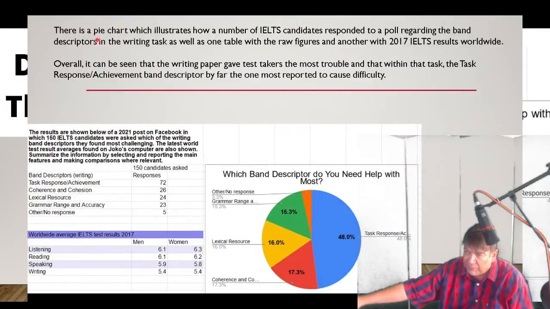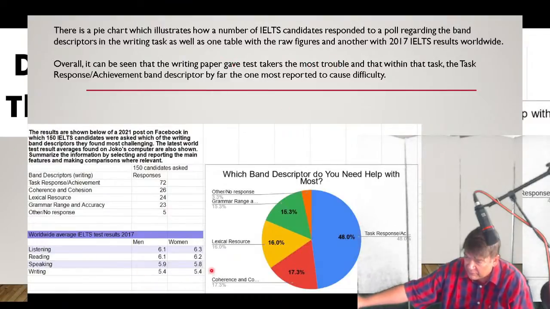First, your part 1. There is a pie chart which illustrates how a number of IELTS candidates responded to a poll regarding the band descriptors in the writing task, as well as one table with the raw figures, that's this one, and another with 2017 IELTS results worldwide. Overall, it can be seen that the writing paper gave test takers the most trouble. Ta-da!